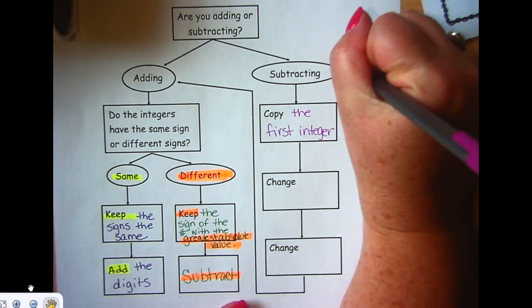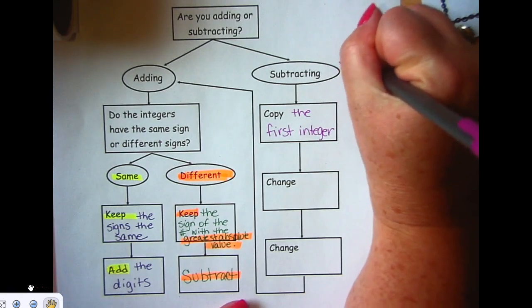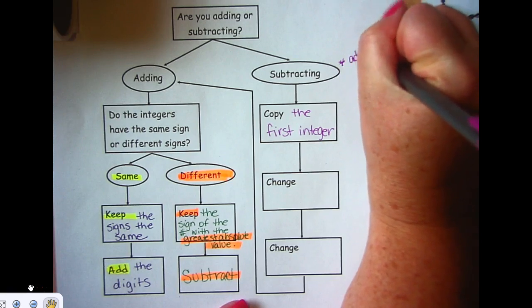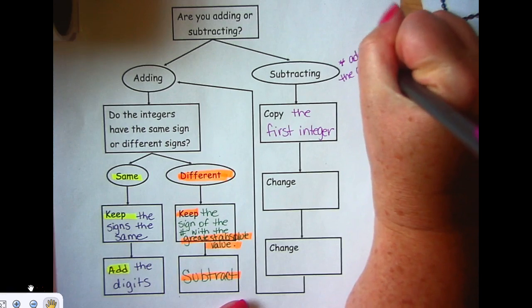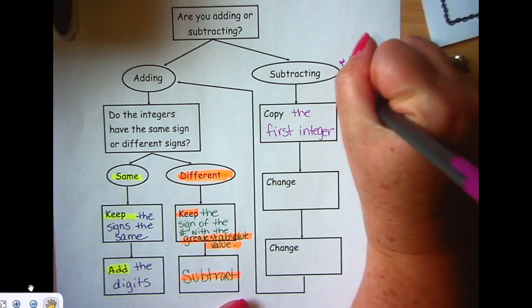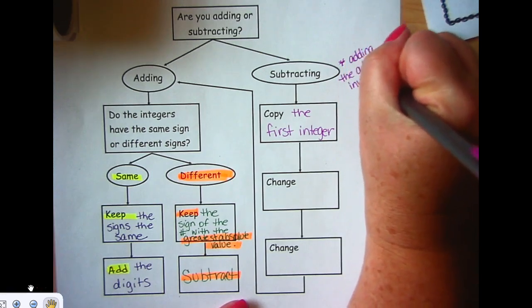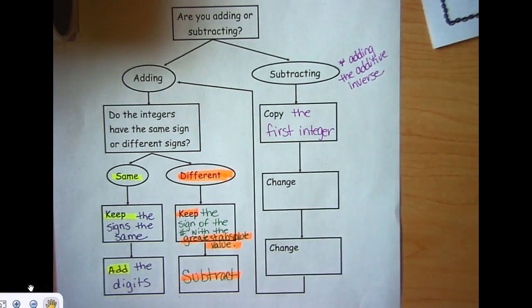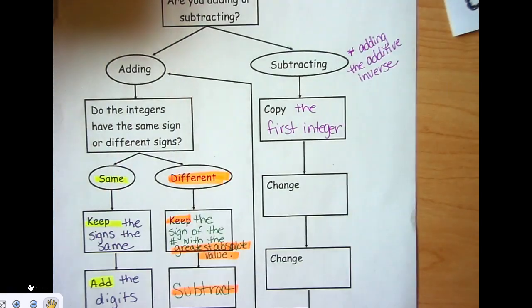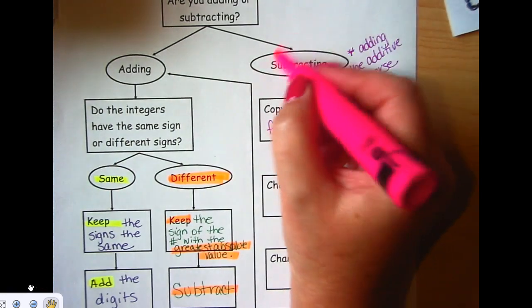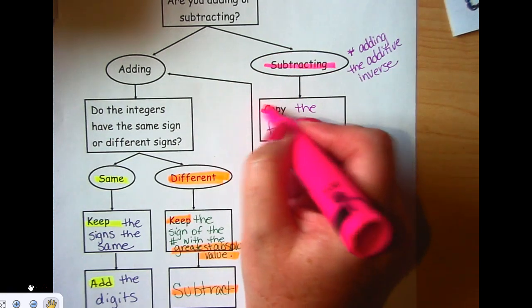I'm just going to write this over here. Adding the additive inverse, or adding the opposite. But the term's called adding the additive inverse. So, subtracting. We're going to copy.